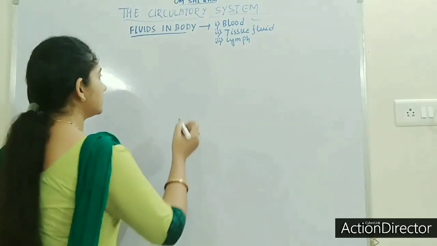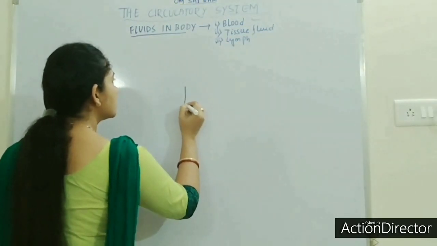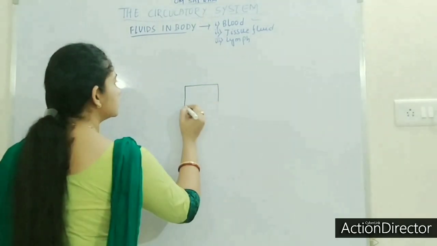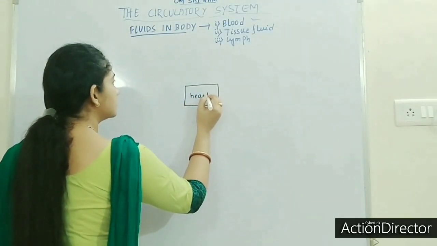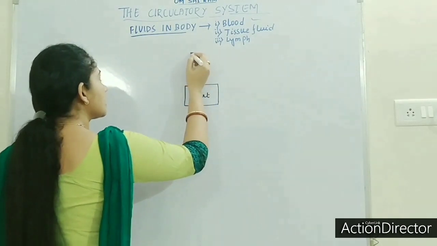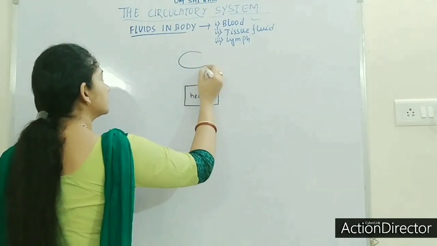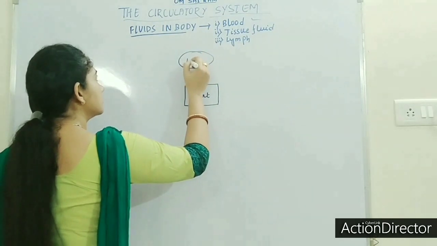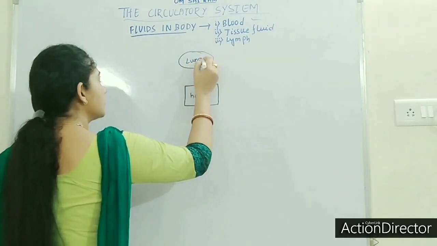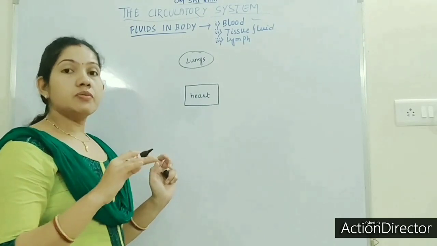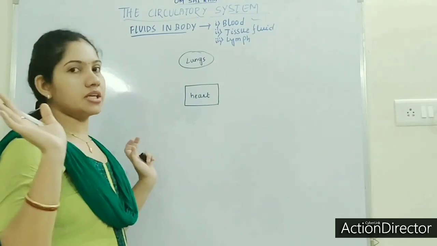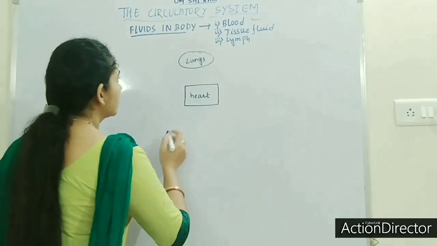So here let us talk about it. Heart. Here I am not doing the structure. When we read a detailed account of heart, then we will read the structure of heart. Okay.